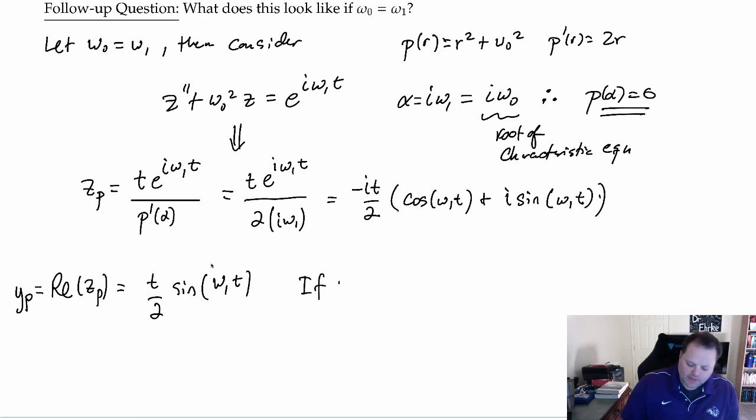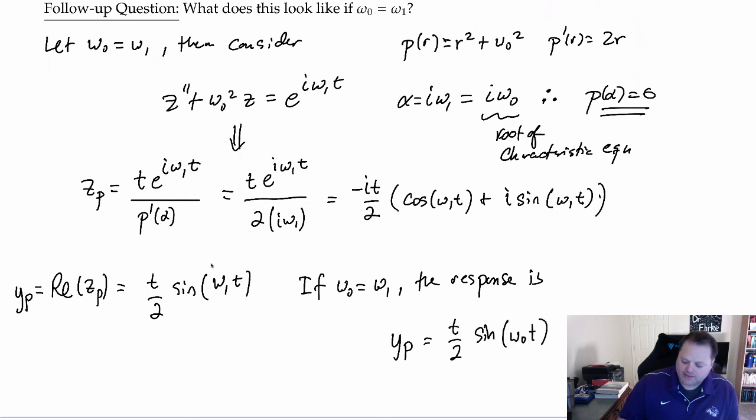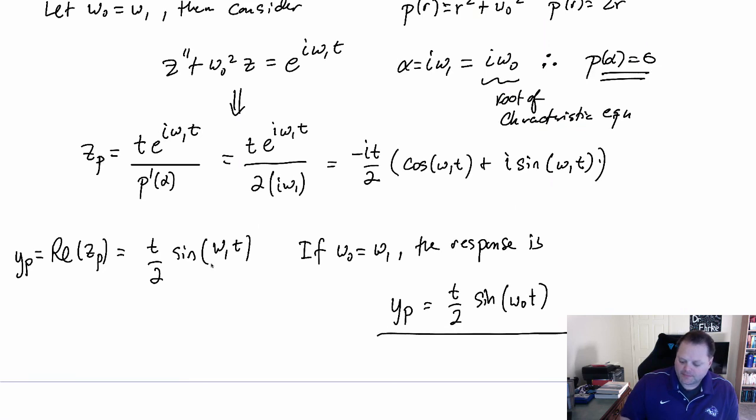So if omega naught is equal to omega 1, the response is given to us by the function t over 2 sine omega naught t, which is actually kind of incredible.